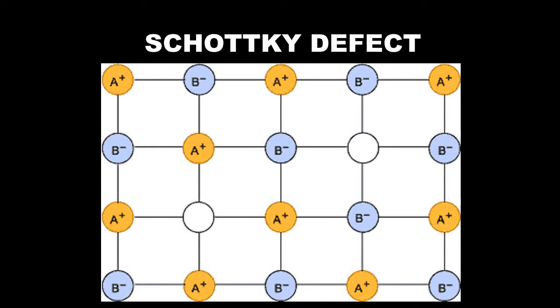The crystals which undergo Schottky defect are NaCl, CsCl and KCl. The cause of Schottky defect is a high coordination number and ions of almost similar sizes.